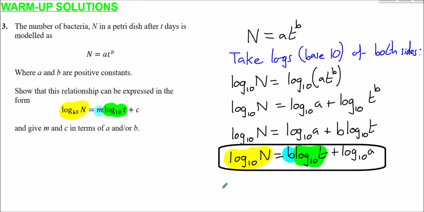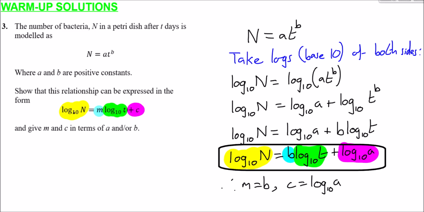So therefore, m equals b, and c must be this thing at the end. So c must be log₁₀ of a. So we've succeeded in writing it in the right form, and as well we've expressed m and c in terms of a and b as required.